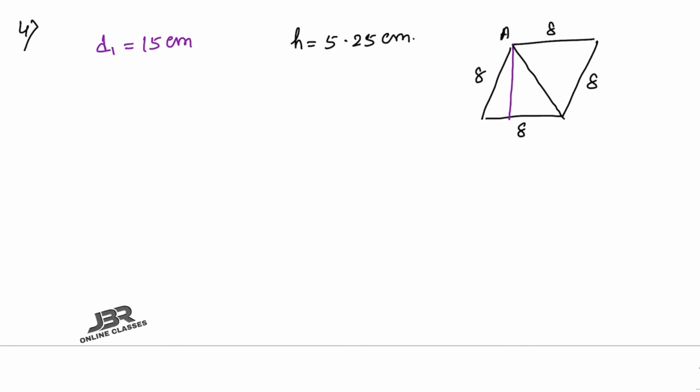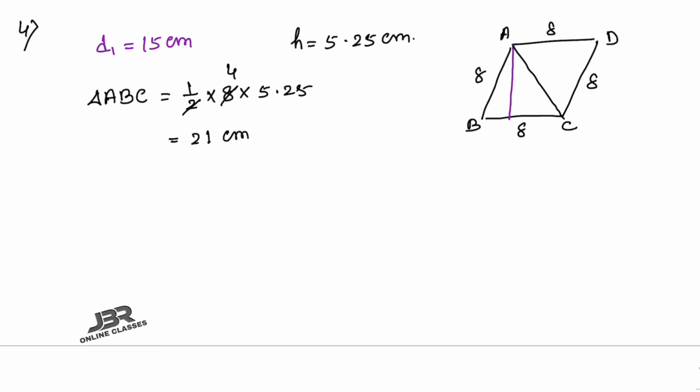So that means here ABCD, the area of the triangle ABC is equal to half into 8 into the perpendicular height 5.25. So it's 4, and then 5.25 into 4 is 21.